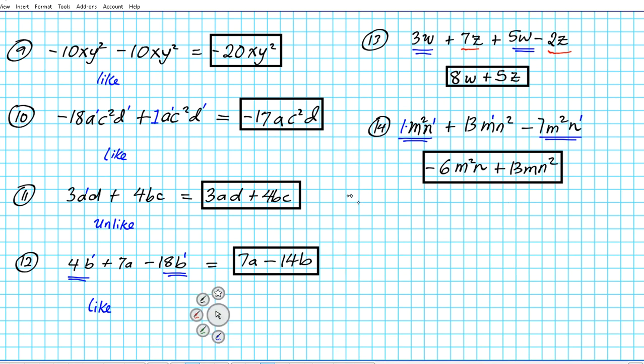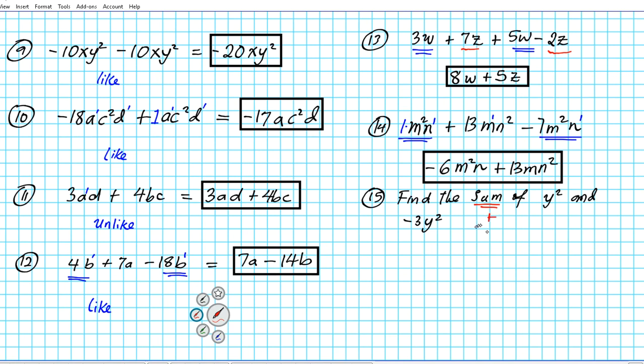All right, let's take a look at question 15. For question 15, let's say we have the problem presented in text format. Let's say we're to find the sum of y squared and negative 3y squared. Okay, so first things first, we're going to translate this into algebraic format and then see if they are like terms and combine afterwards. So what operation does the word sum suggest?